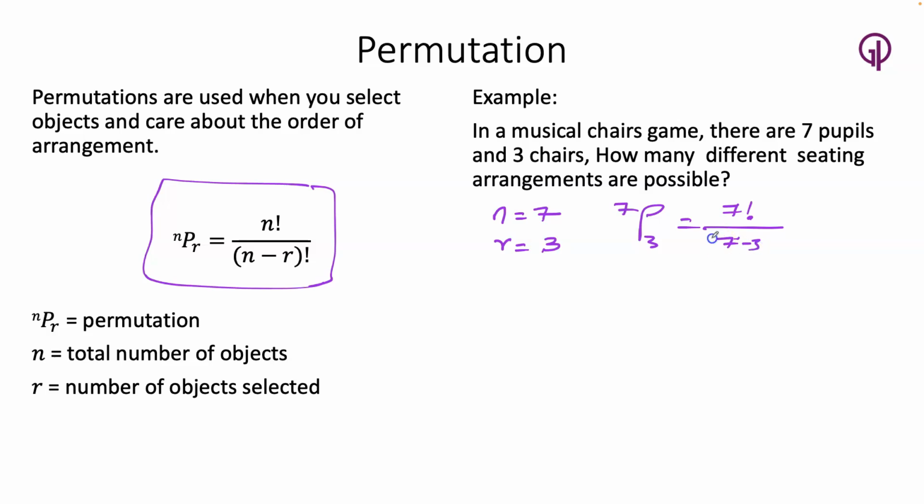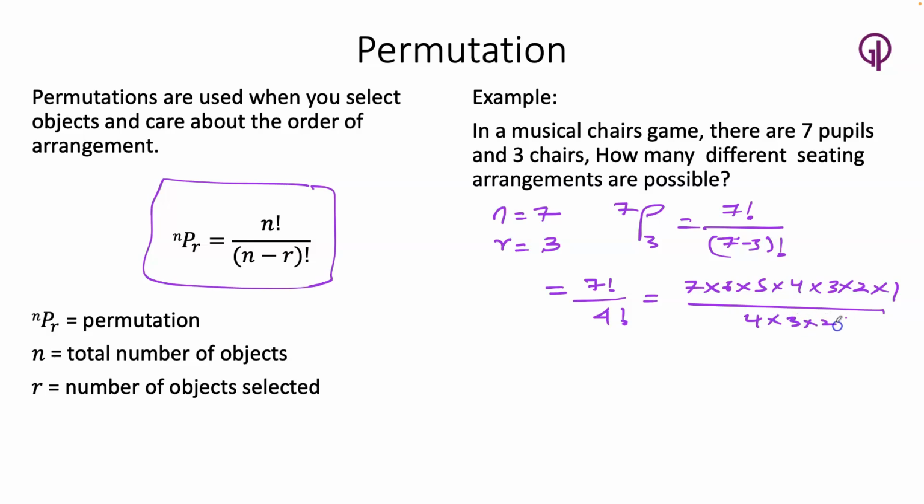Okay, now let's bring this down here. So here you have 7 factorial. 7 minus 3 factorial is what? 4 factorial. This is what? 7 times 6 times 5 times 4 times 3 times 2 times 1 all over what? 4 times 3 times 2 times 1.